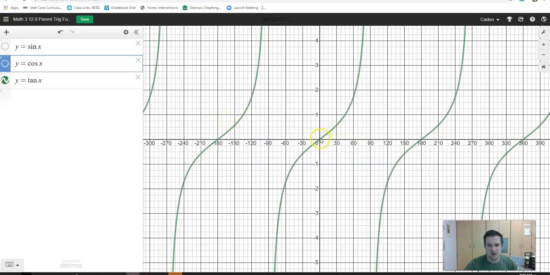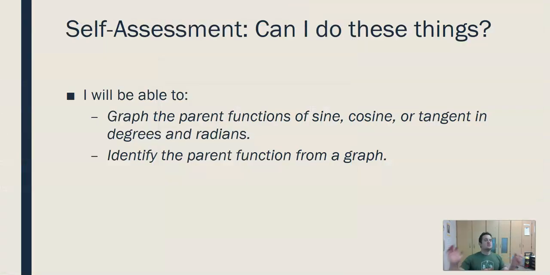Tangent goes through 0 degrees, 180 degrees, and 360 degrees, repeating itself every 180 degrees with asymptotes at 90, 270, every 180 degrees. So those are the parent sine, cosine, and tangent functions.